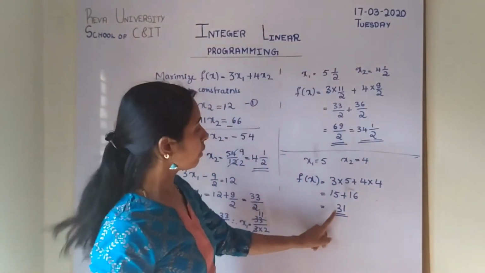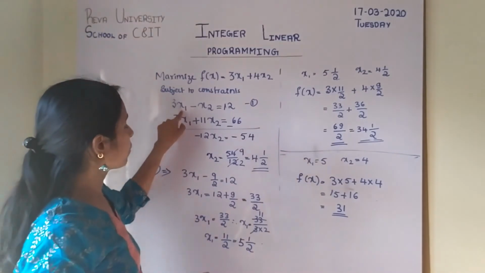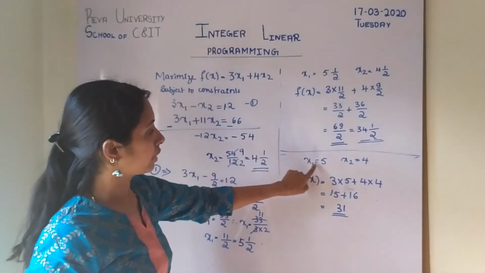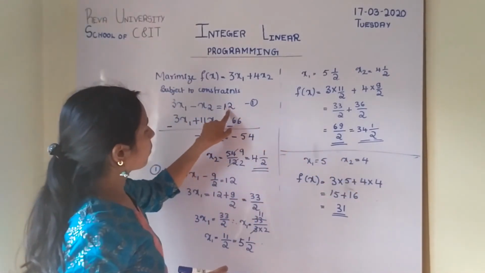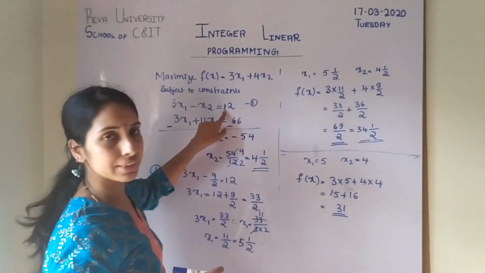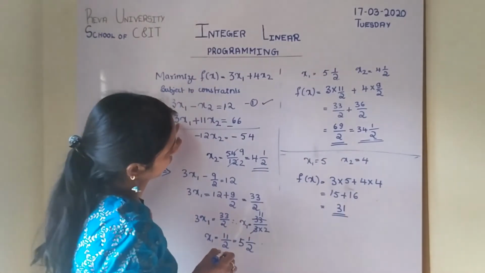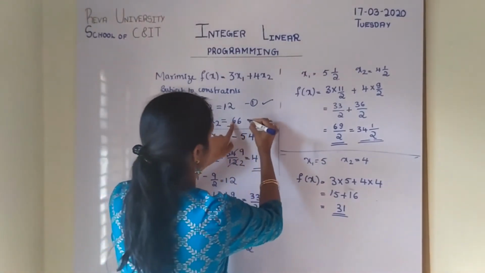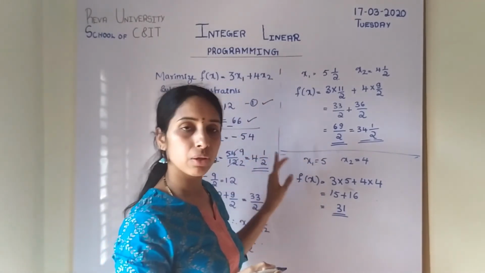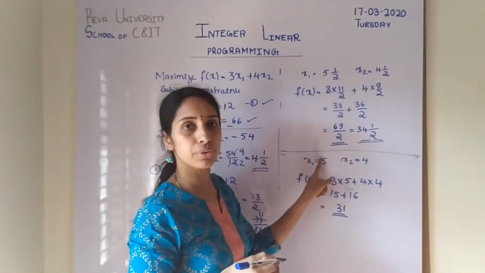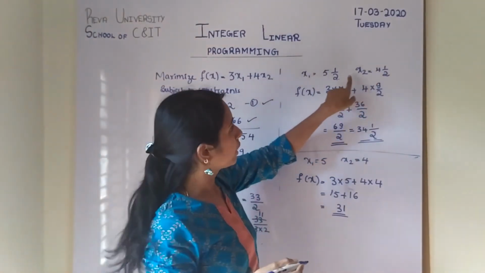If I substitute here, 3 into x1 is 15, minus 4 is 11, so it is less than or equal to 12. It is matching the constraints. Similarly, if you check the other constraint, it is also matching, and our objective function is 31.